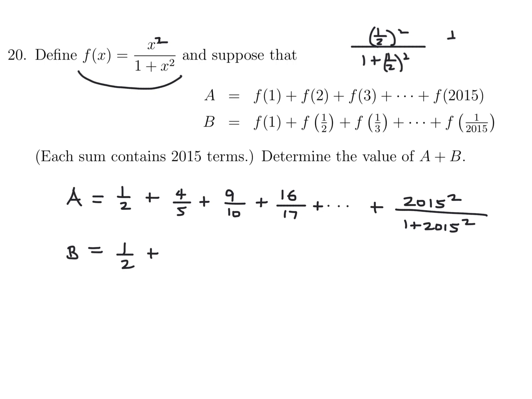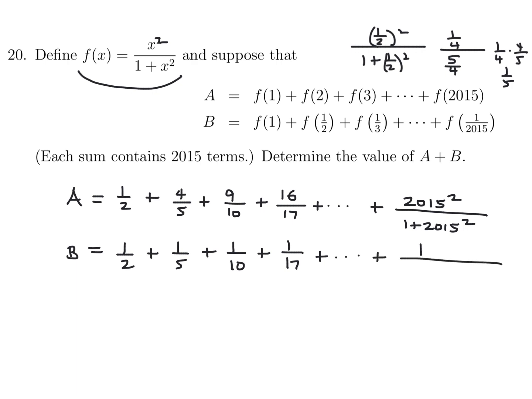So that's 1/4 over 5 over 4, which is 1 over 4 times invert and multiply 4 over 5, which is 1 over 5. So if you need to do that on the side, do it on the side. And then similarly, when you do this, this will be 1 over 10. This will be 1 over 17. And then eventually you get to 1 over 1 plus 2015 squared.